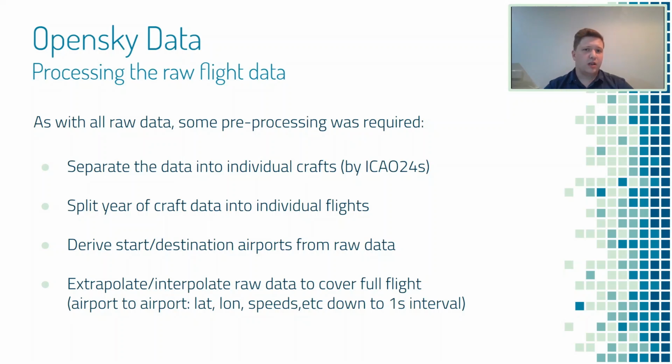Once we know its start and end airports, we can then extrapolate and interpolate to backfill all of these missing gaps. And this allows us to produce a full flight, airport to airport, with full latitude, longitude, all coordinates and speeds, all the way down to a 1 second interval, ready to plug into our simulations.